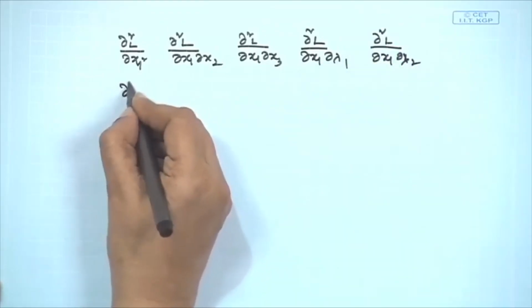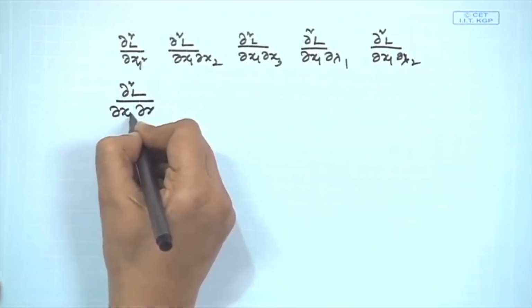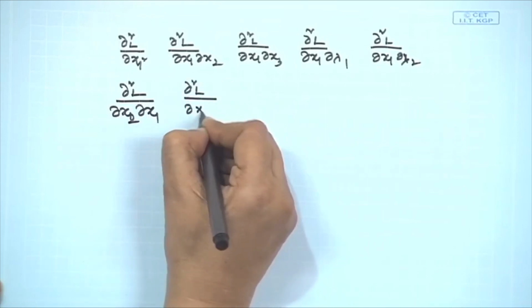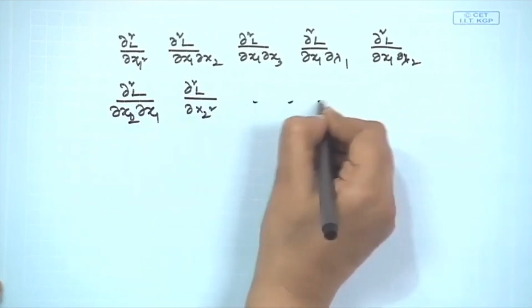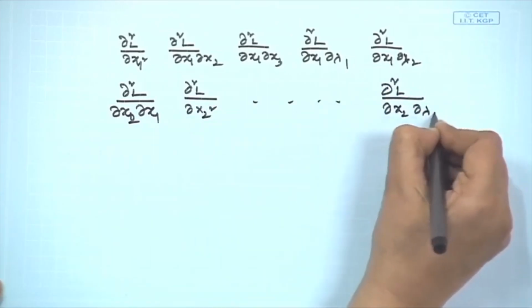Similarly, the second row would be del 2L by del x1 del x2, del 2L by del x2 square. In this way, this term would be del 2L divided by del x2 del lambda 2.